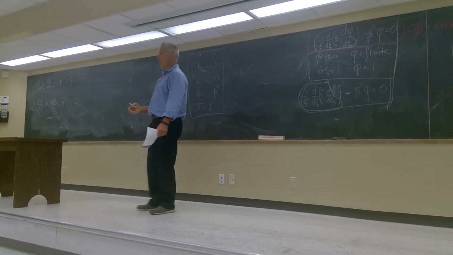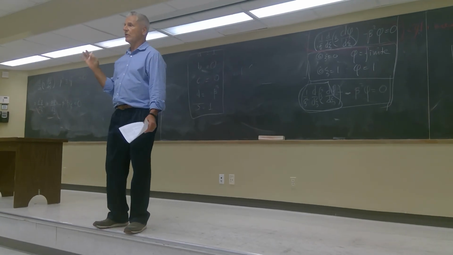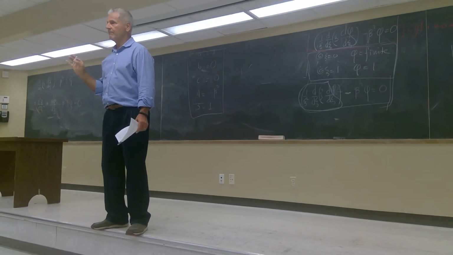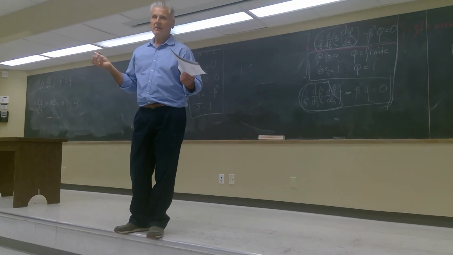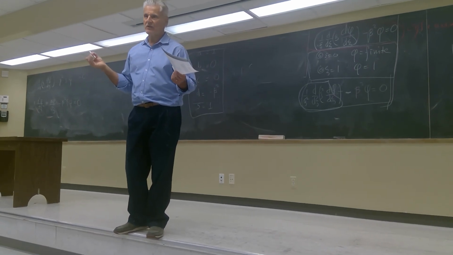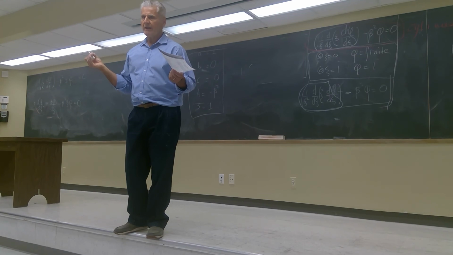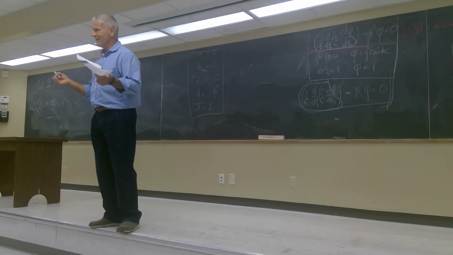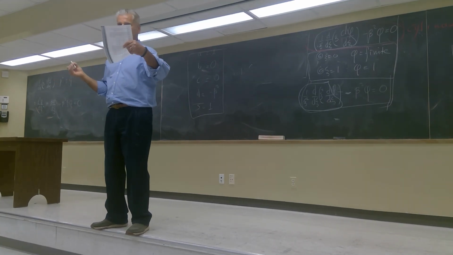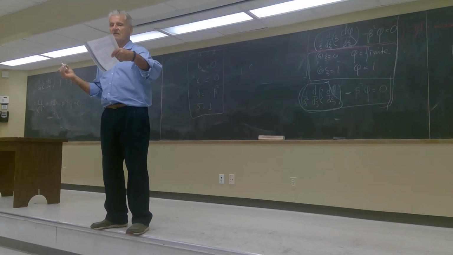So now, what we have done is we have taken our differential equation, and I told you that it is a special case of the Bessel differential equation, and we have found these constants that match it exactly to the generalized form of Bessel's differential equation.